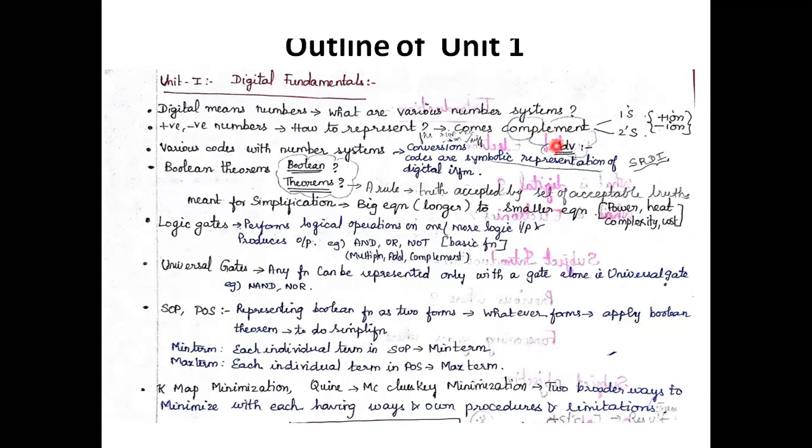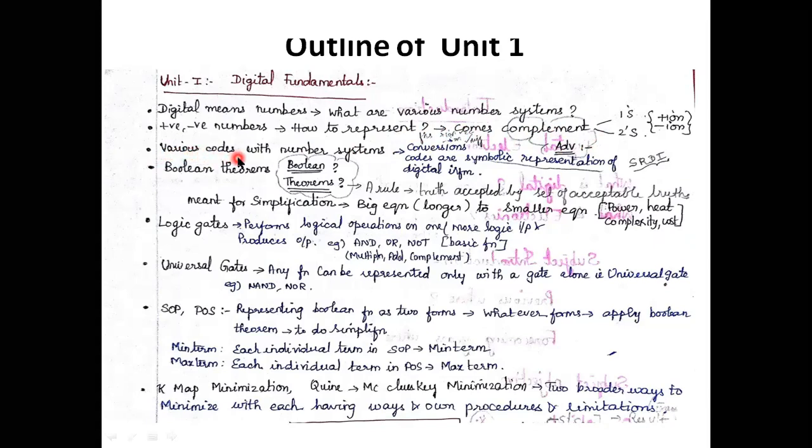Usually complement has two types, one's complement and two's complement. This complement is mainly meant for when we want to perform basic arithmetic operations like addition or subtraction, where subtraction can be done in the form of addition. Hence complement plays an important role in that.